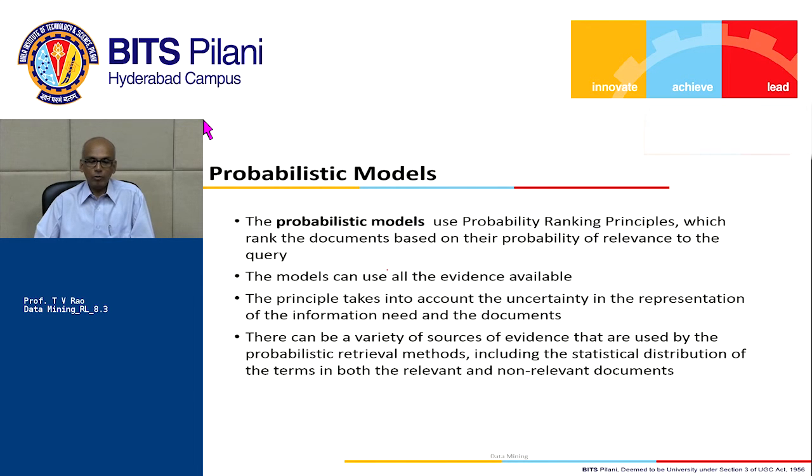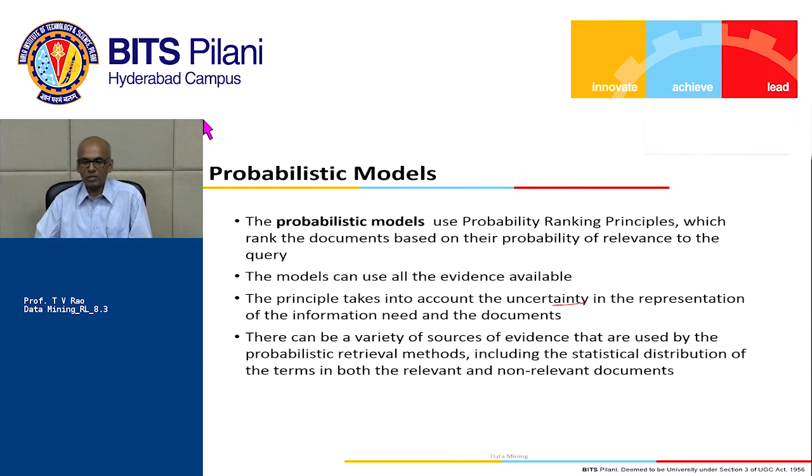So the models can use all the evidence available. They don't need to depend on one particular evidence; they use the probability technique, use multiple types of evidence, and then combine them. They may also take into consideration the uncertainty with respect to both the information representation and the query representation, whatever information need you have.